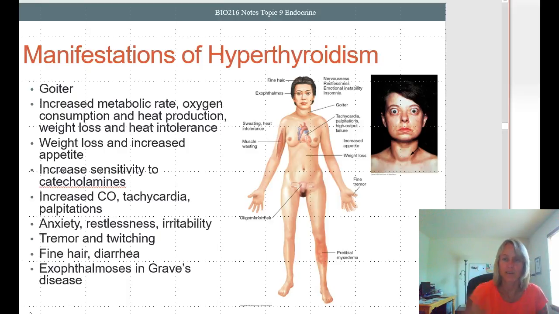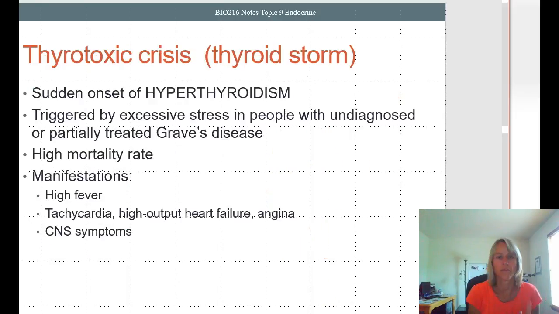Exophthalmos, that's the protruding eyeballs here, and this is seen in Graves' disease. Okay, a thyroid storm is where we have a sudden onset of hyperthyroidism. And this can be triggered when we have excessive stress in patients with undiagnosed or partially treated Graves' disease. This has a high mortality rate, and this can cause a high fever, tachycardia, high output heart failure.